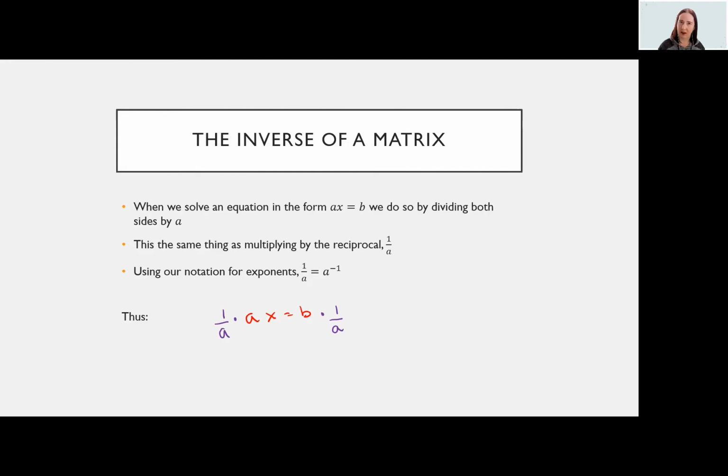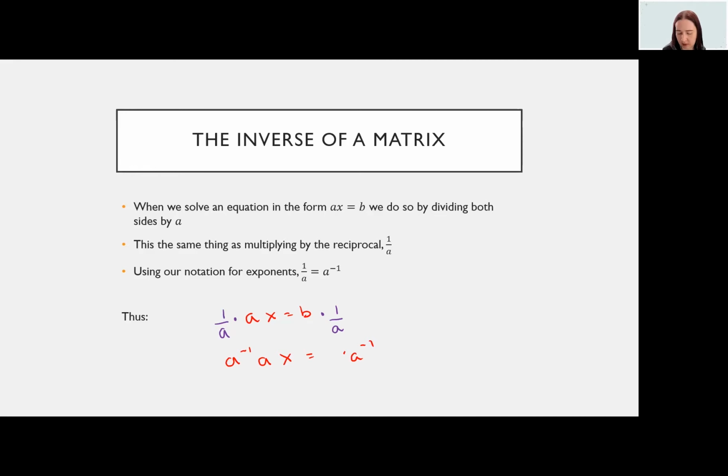But that 1 over A, if we go back to our rules of exponents, is equivalent to A to the negative 1. If you think of A as being a variable, a negative 1 exponent is the reciprocal of whatever your variable is. So we can rewrite the 1 over A as A to the negative 1. So A to the negative 1 times A times X equals B times A to the negative 1.